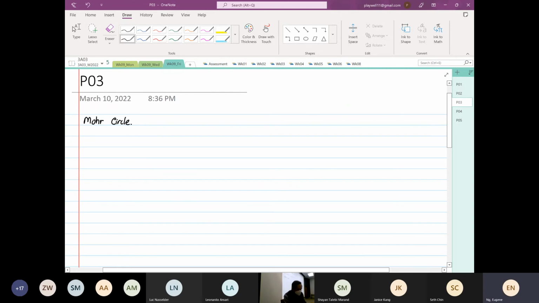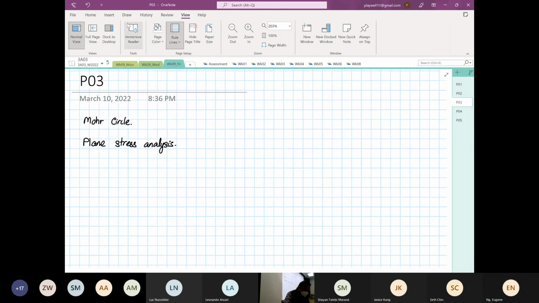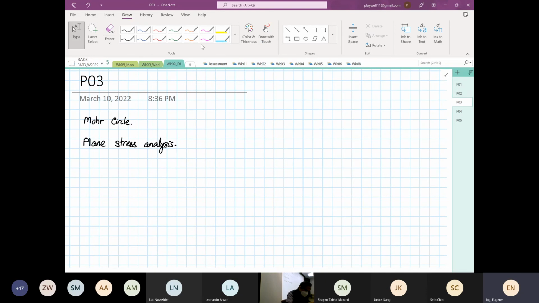So before we deal with Mohr circle, I want to elaborate what we mean by plane stress analysis. Okay, what do we mean by plane stress analysis? So if I were to draw a cube now, I'm going to sketch a cube.